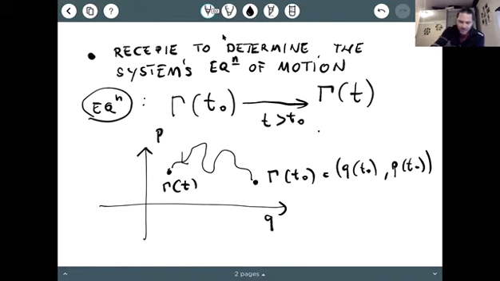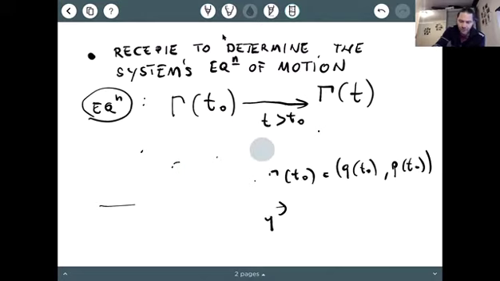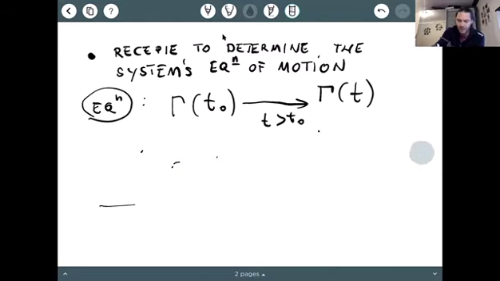Or stated differently, remember the concept of evolution in time is the concept of how the state changes in time. And what is the mathematical tool that implements the idea of change in time?